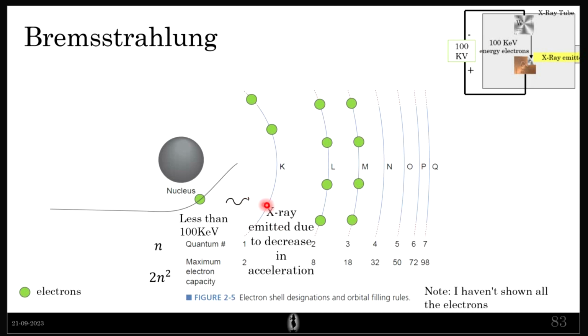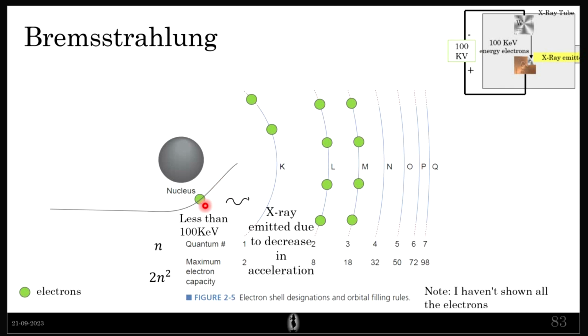So note over here, the energy with which this particular X-ray will be emitted is not fixed, because this depends on where the electron was at the initial place. So by how much force the nucleus is pulling this electron will decide the energy of the X-ray that is emitted.